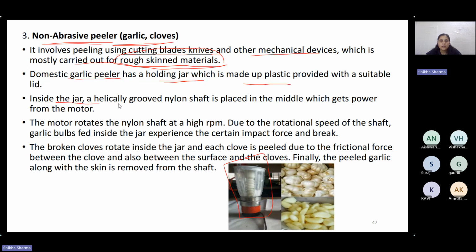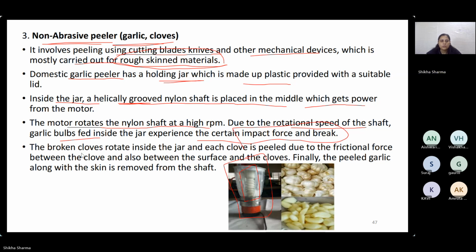Inside the jar, a helical grooved nylon shaft is placed. So this is the grooved shaft which is inside this jar, and it rotates using a motor. The motor rotates the nylon shaft at very high speed. Because of the rotational speed of the shaft, the garlic bulbs experience certain impact force and break.